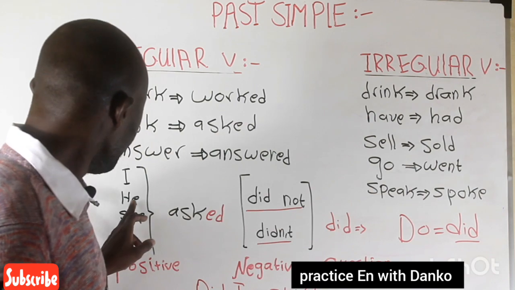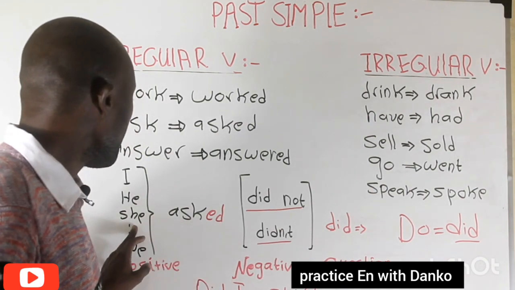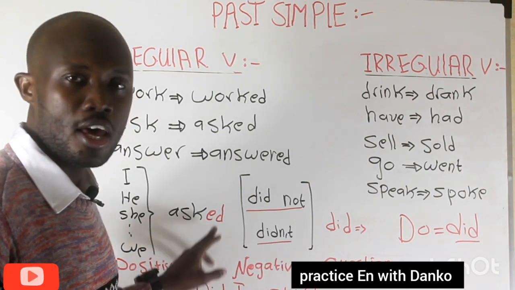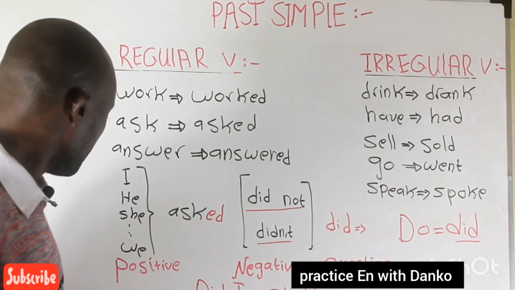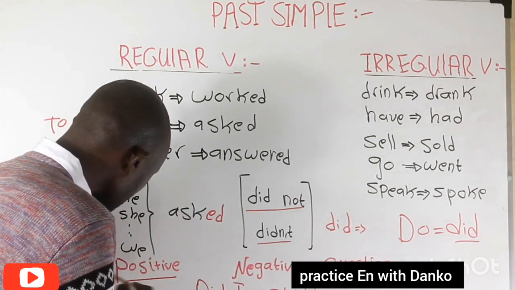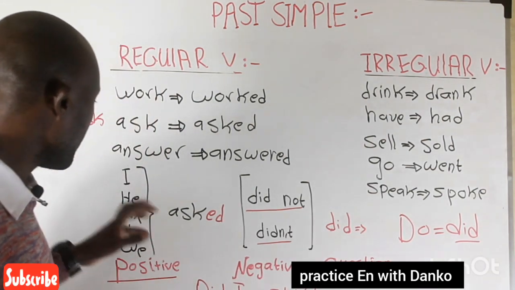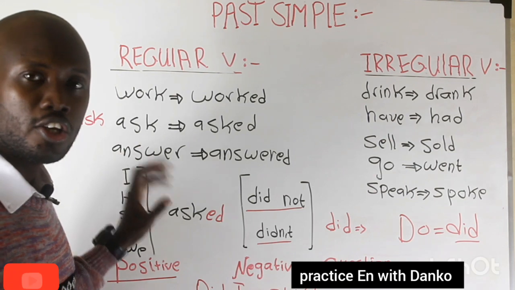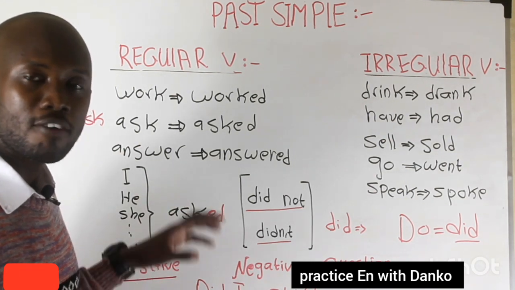Okay, he asked. She asked, and so on. Okay, they asked, we asked. So this is about the positive. The positive sentences became I asked, you asked, they asked. That is the positive, our affirmative sentences.